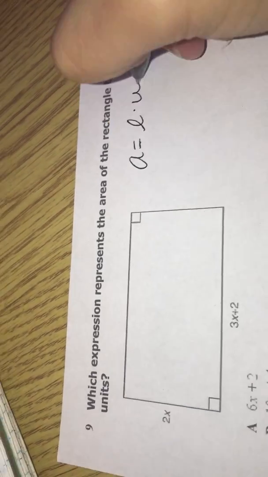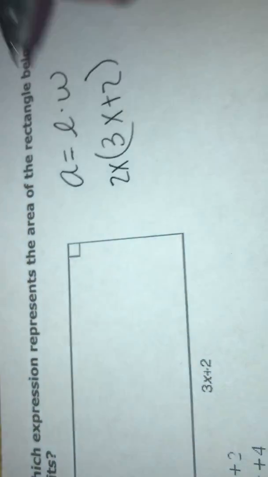Okay, and for number 9, it says, which expression represents the area of the rectangle below in square units? Okay, so we know the formula for area is length times width. So area equals length times width. So 3x plus 2 times 2x.